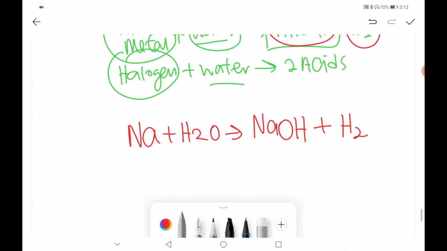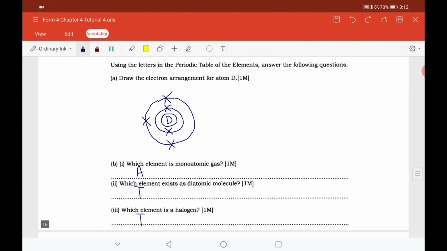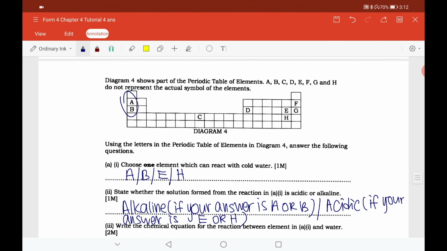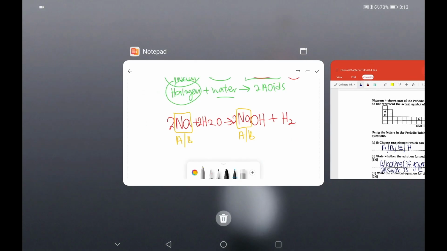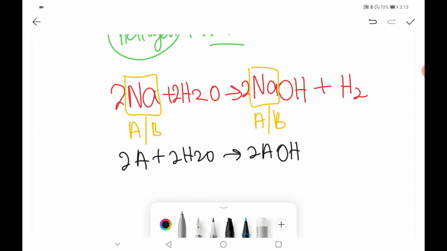To balance the equation, you can put a 2 here. Now the equation is balanced. Then only you can replace the Na with the symbol A or the symbol B, because the alkali metal they give you is A or B. Your final answer can be written like this: 2A + 2H2O → 2AOH + H2.